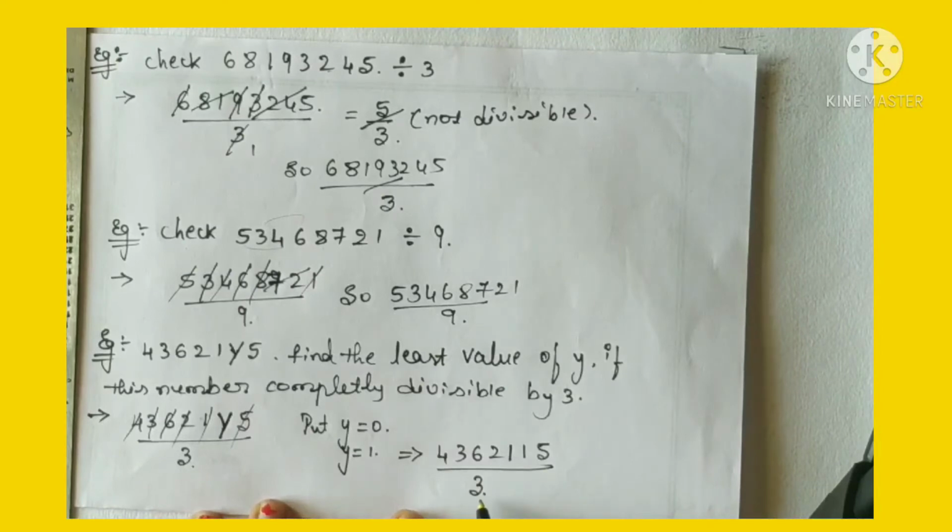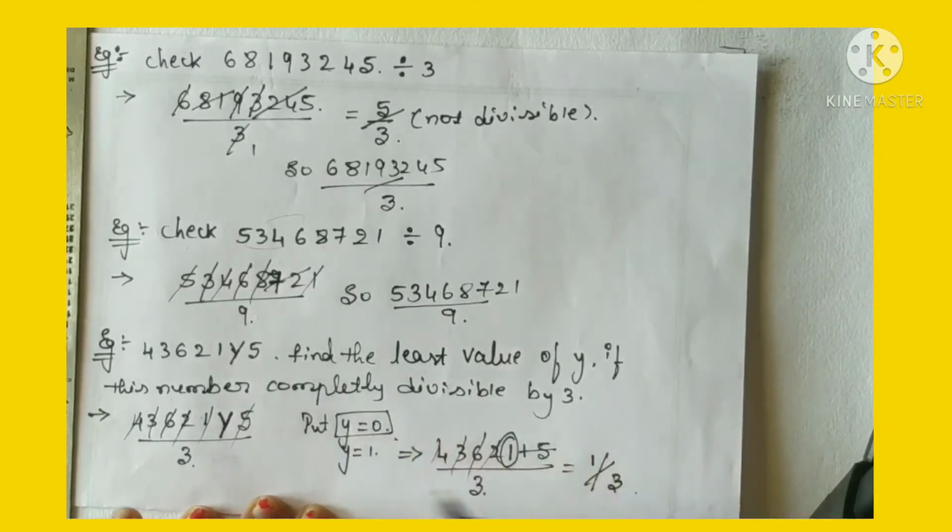Here also I cut off the numbers which are directly divisible by 3. 3 ones are 3, 3 twos are 6, and 4 plus 2 is 6, so it is also cut off. Then 5 plus 1 is also cut off. Then the remaining is 1, and 1 is not divisible by 3. So the least value of y is equal to 0.